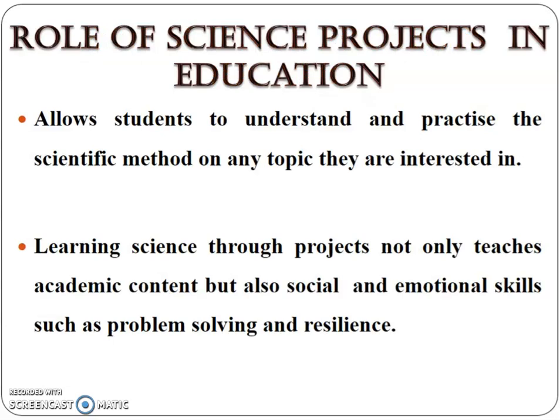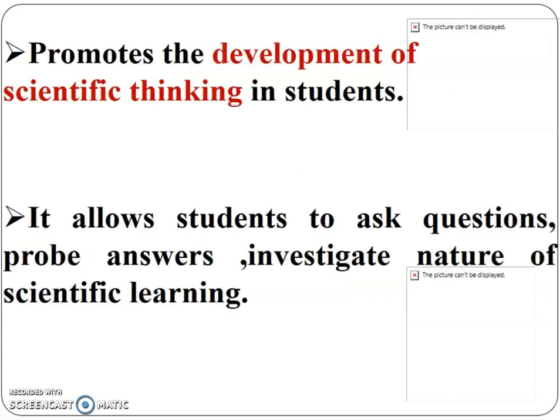Now, what is the role of science projects, or in a typical way we could say experimental science projects, in education? First, it allows students to understand and practice the scientific method on any topic they are interested in. They learn the scientific method through practice. Learning science through projects not only teaches academic content, but also social and emotional skills such as problem solving and resilience.